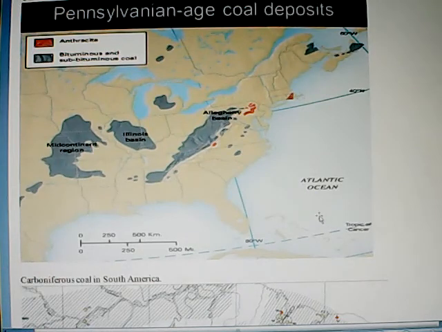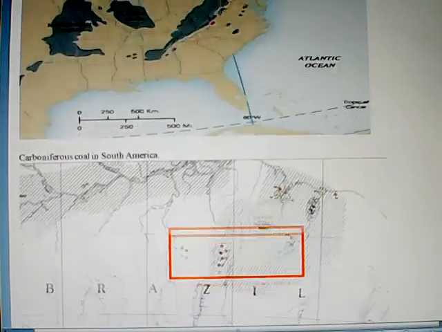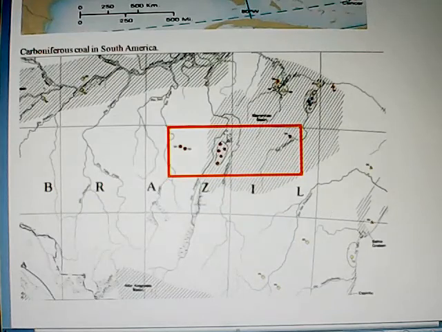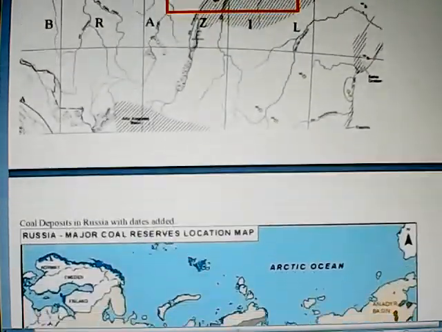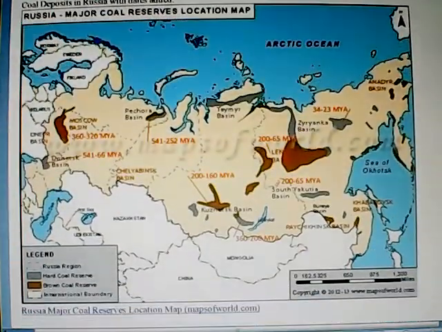And here's some coal deposits in the U.S. during that time period. And then coal deposits in South America are inside the red square or rectangle. And here are coal deposits in Russia.